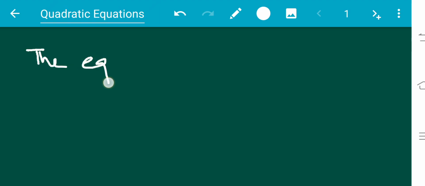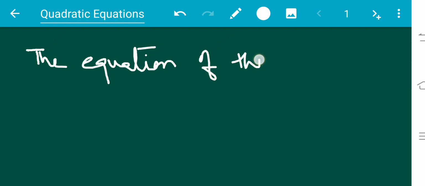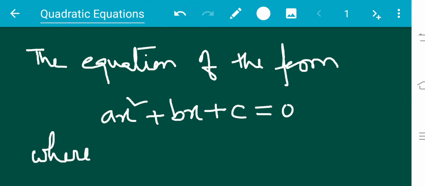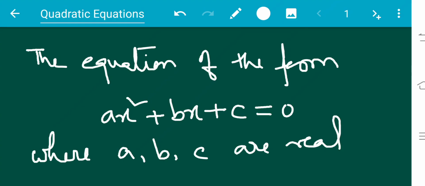The equation of the form ax square plus bx plus c equal to 0, where a, b, c are real numbers.